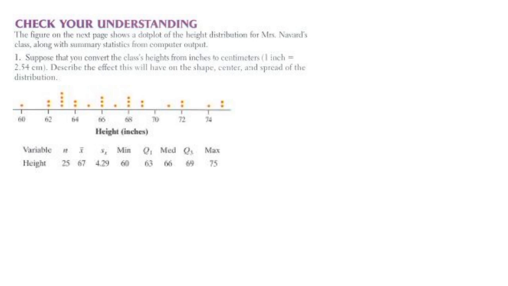Okay, so to do this, we need to be thinking about what kind of conversion is happening here. If I'm converting from inches to centimeters, there are 2.54 centimeters in each inch, so this is a multiplication. I'm going to take every data point here and multiply it by 2.54.